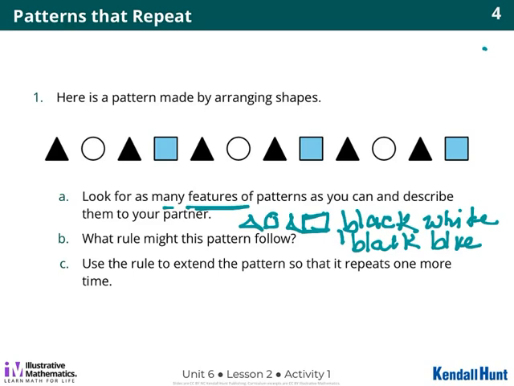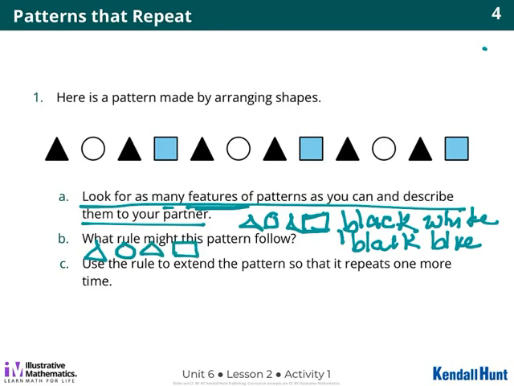Oh, yeah, okay. Part A was really listing as many features as you can, right? Part B was really picking one of those and writing it down. So I'm going to pick the shape. If I think it's the rule, then I would say triangle, circle, triangle, square, right?